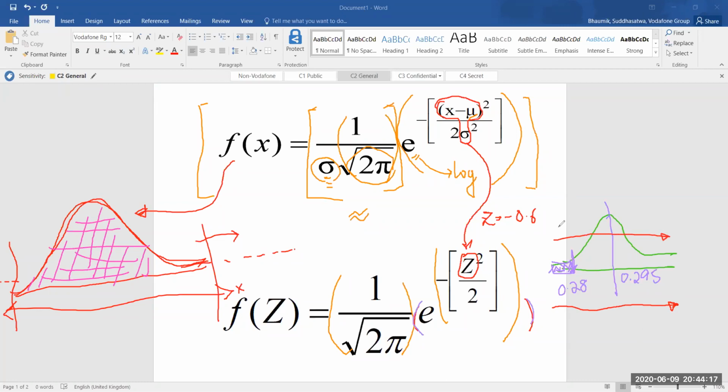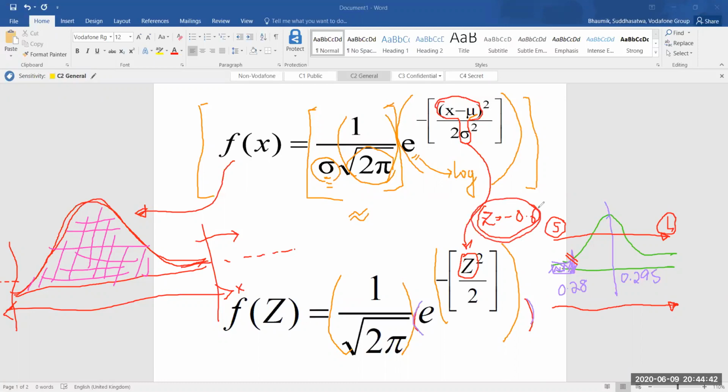So any value which is small is on this side, any value which is large is on this side. Okay, you will see the effect of this when we look into the actual calculations in Excel. When we do any probability calculations over here, the Z value, almost 100% of the time, is going to come out negative.